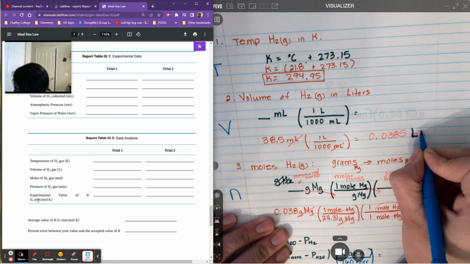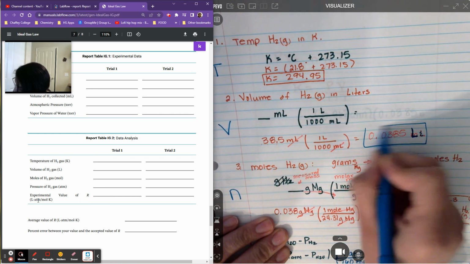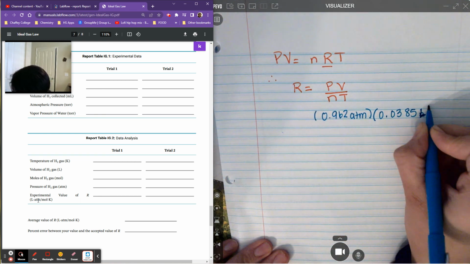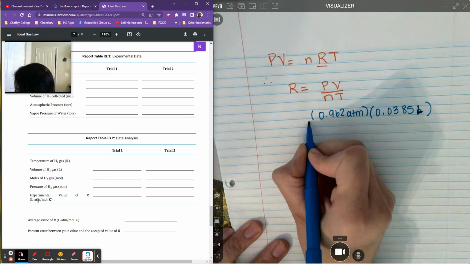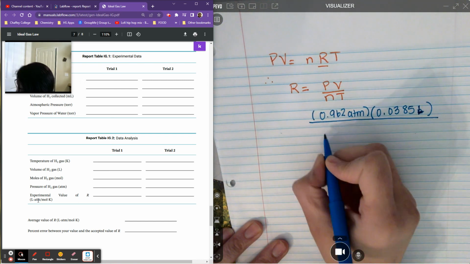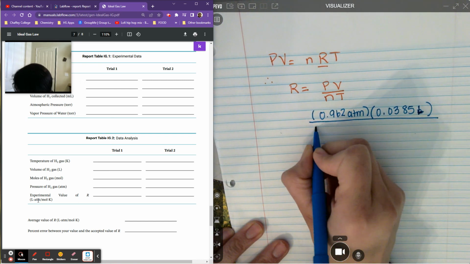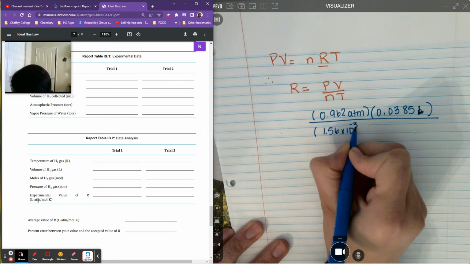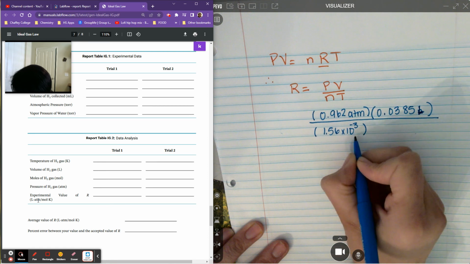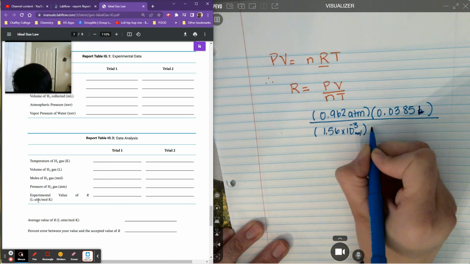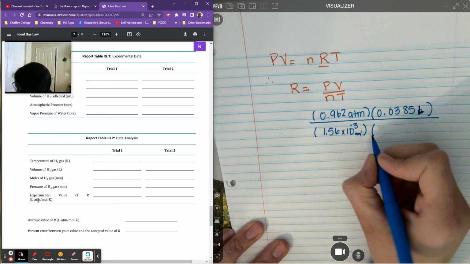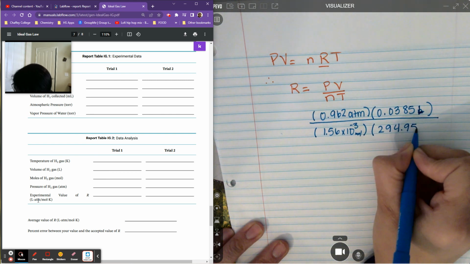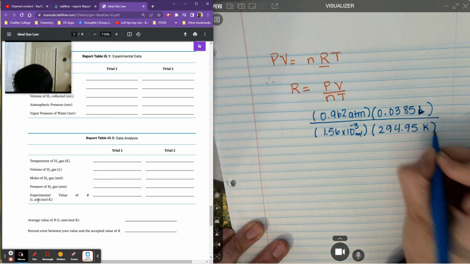So this is liters, not milliliters. And I'm going to circle that. Okay, liters. And I'm going to divide this by my mole value, which is 1.56 times 10 to the negative third mole. And my temperature of 294.95 Kelvin.